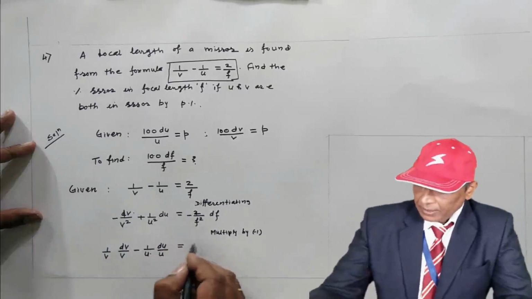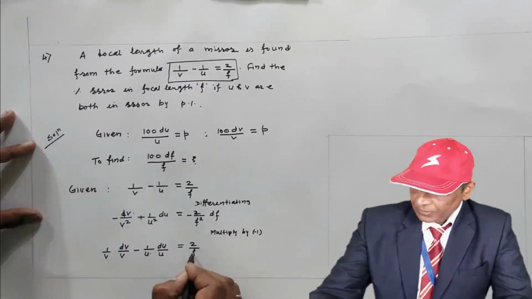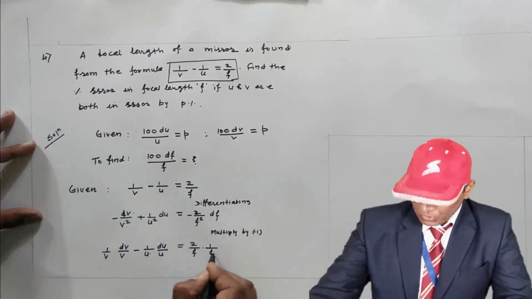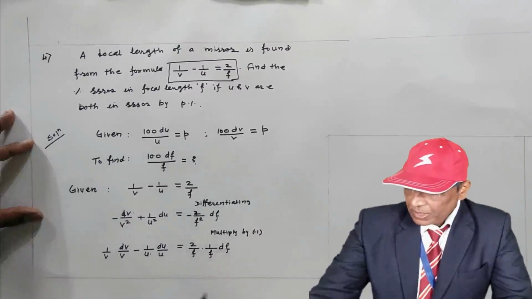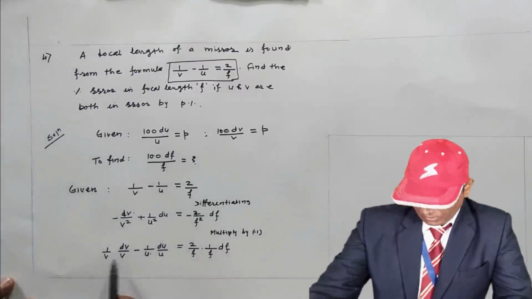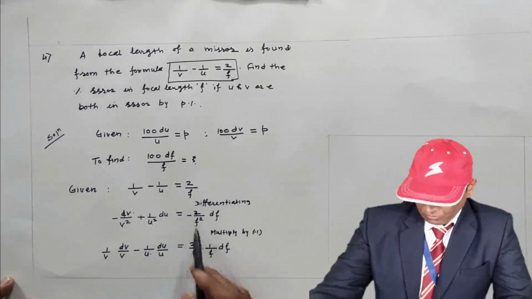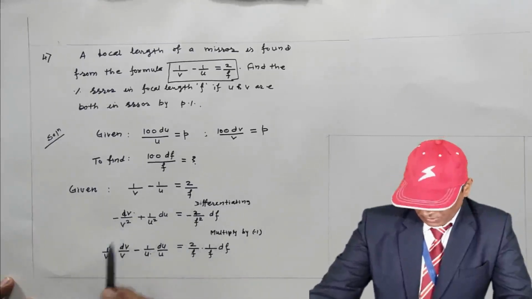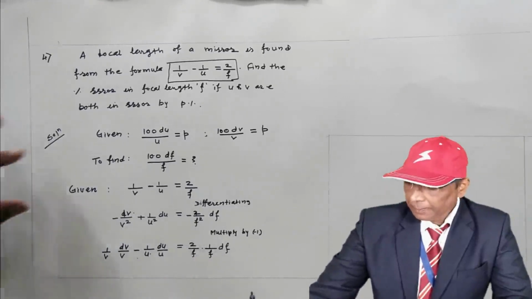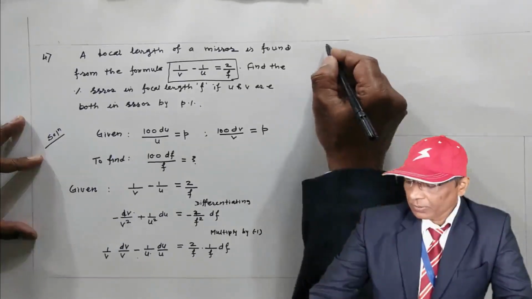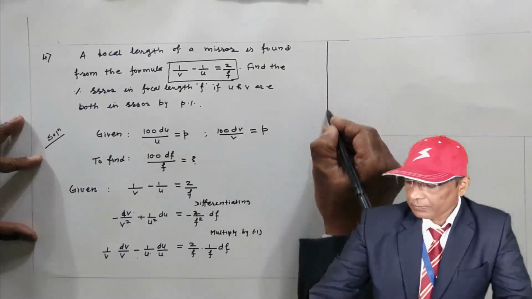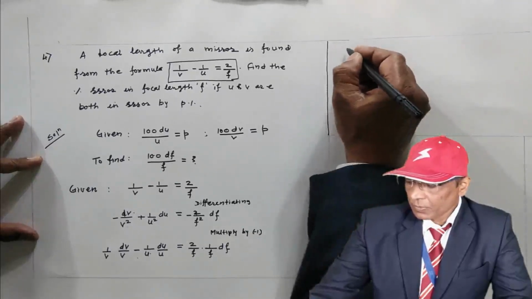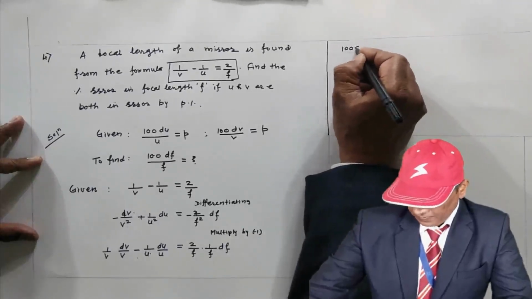Now multiply by 100. I am multiplying this by 100 because we want the percentage error. 1 by V is already there. I am multiplying by 100.